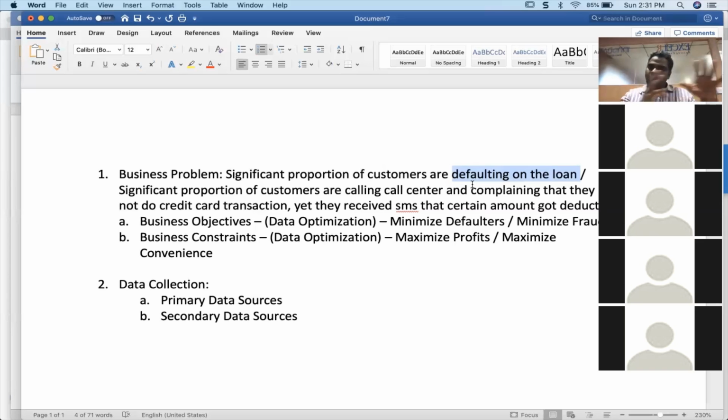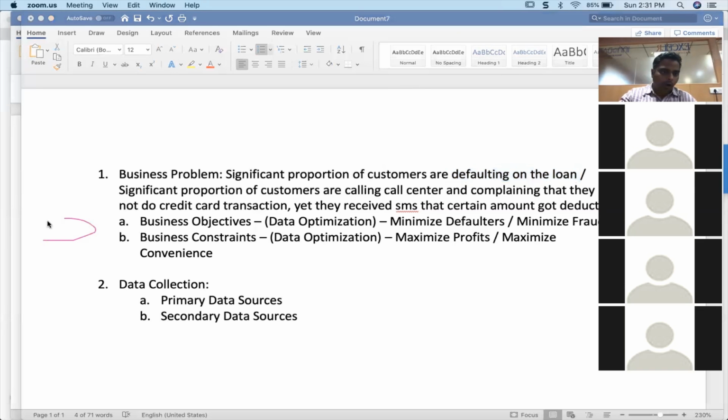But the bank must already be having a database of all the customers who have taken loans and their payment history, how many of them are paying on time, how many of them are not paying on time. All this information, say, is available in the database. Okay, then what will you do?